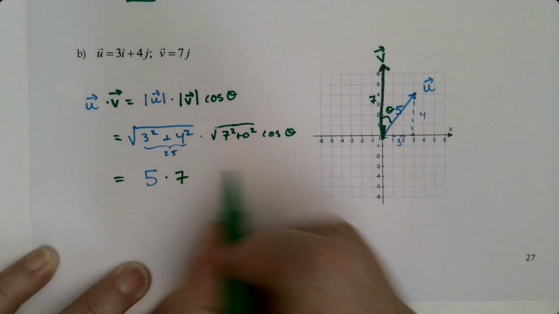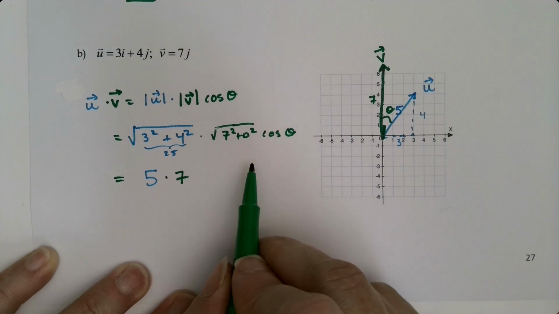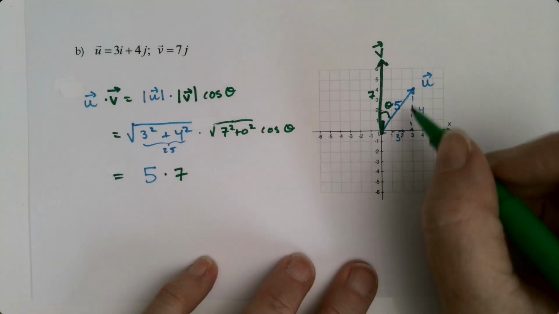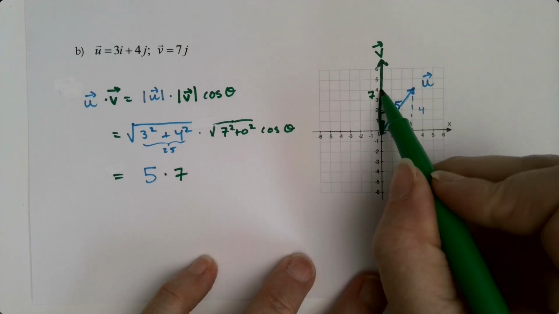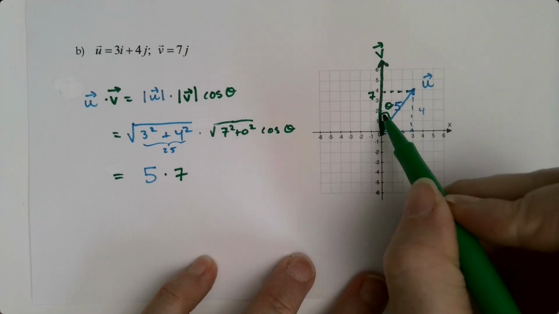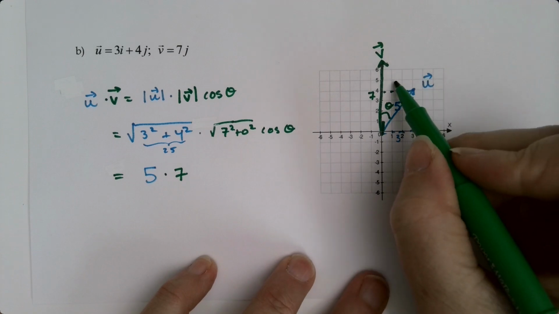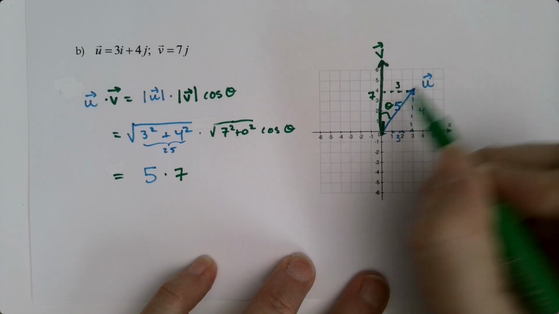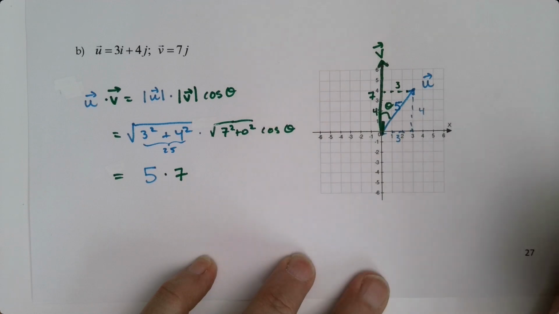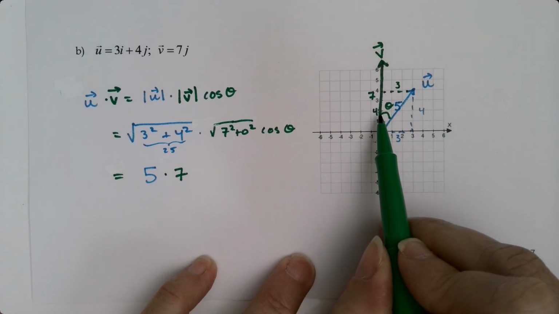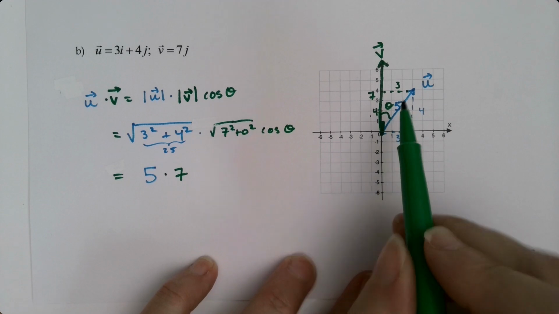All right, so then the cosine of the angle. Okay, so we can see it here, we can see it here. That triangle's in two spots. It's the same triangle, right? So this is the opposite side, which is 3, and this is the adjacent side, which is 4. So the cosine of the angle will be adjacent over hypotenuse.